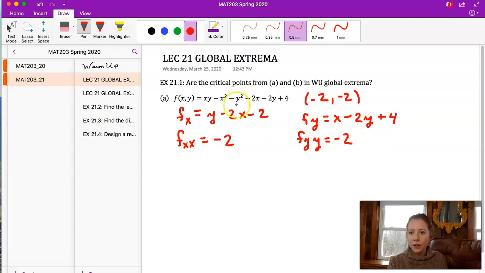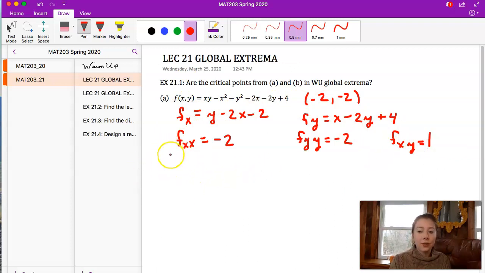And then looking at our mixed partial, f sub x with respect to y is going to be 1. So our mixed second order partial right here is just going to be 1.